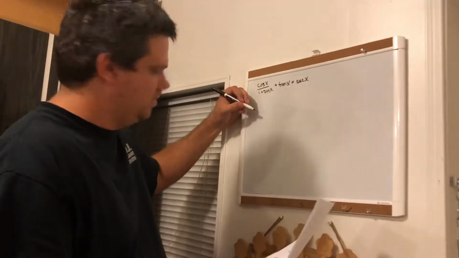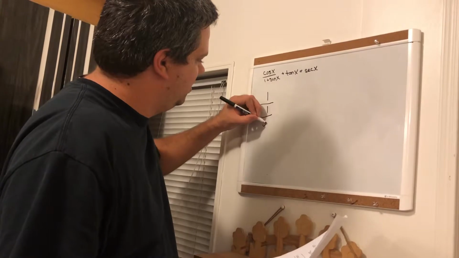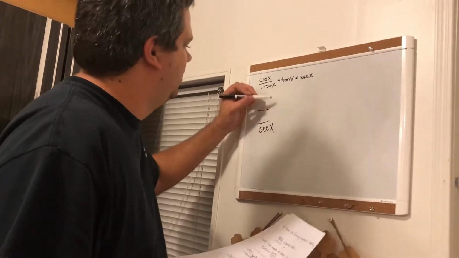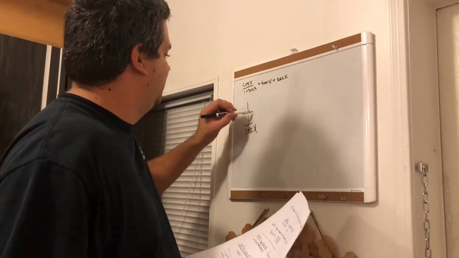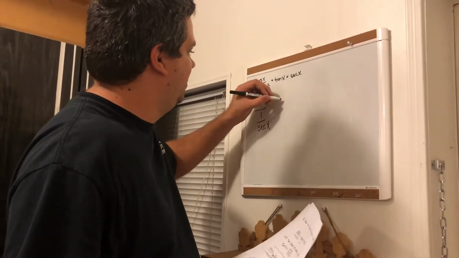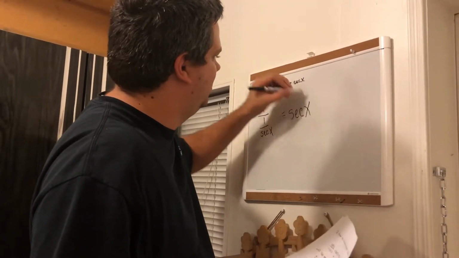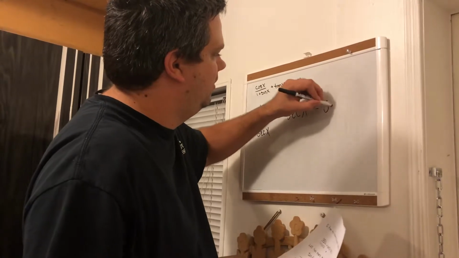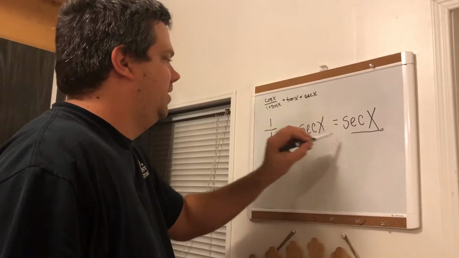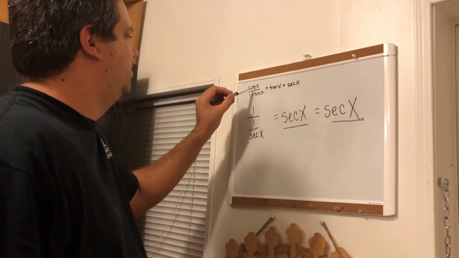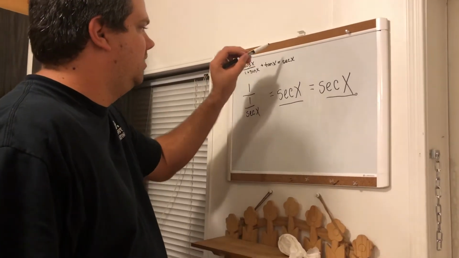Which would leave us with 1 over 1 over the secant of x, which, using our fractions, we flip this and multiply, and we would be left with the secant of x equals the secant of x, thus proving that the original cosine of x over 1 plus sine of x plus tangent of x is equal to the secant.